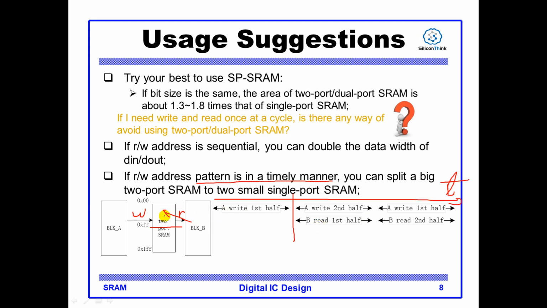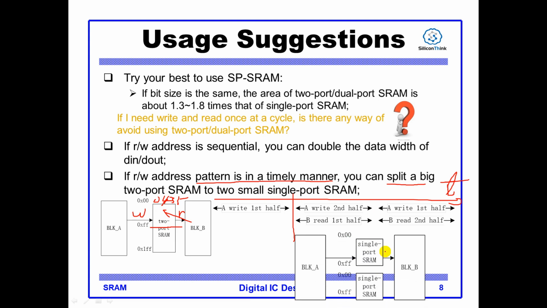And when reading and writing the first and second half, the addresses may not be in incremental sequence. For example, it may be something like that. So for this access model, we can split the big 2-port SRAM into 2 small single-port SRAMs.